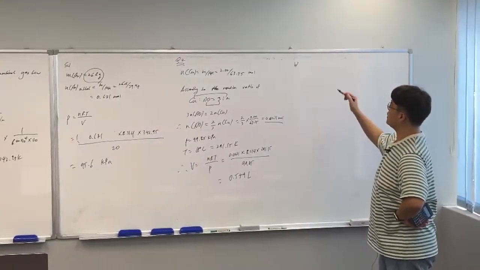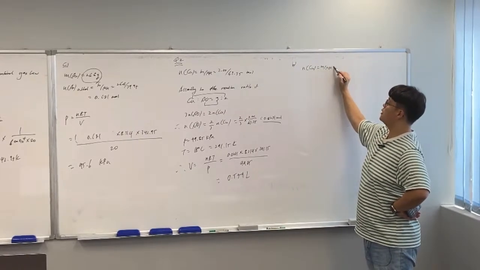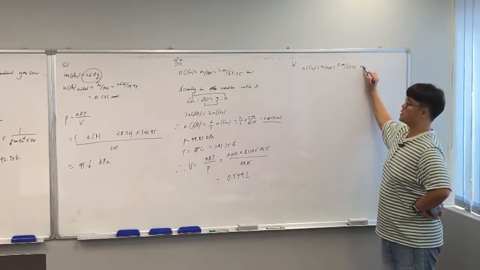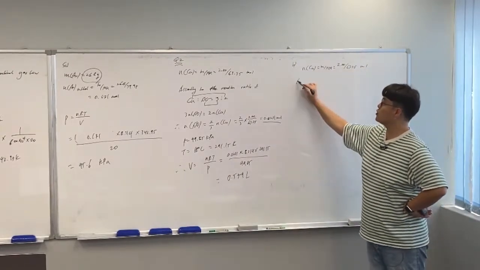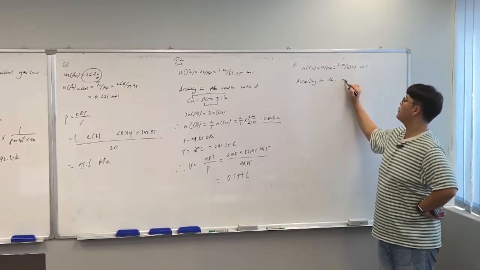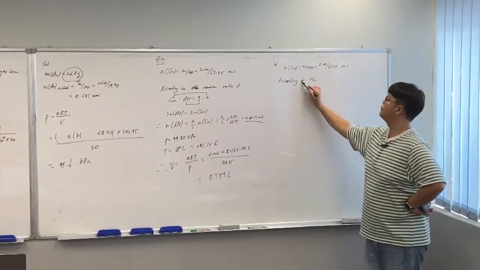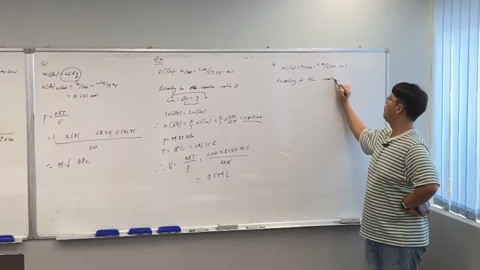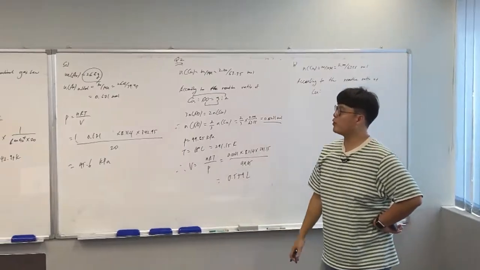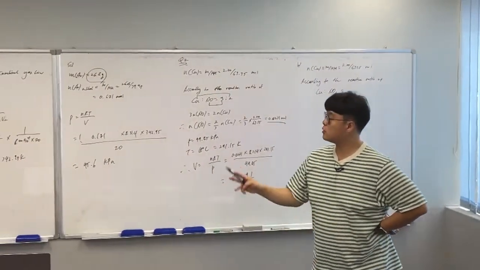So start again, we've got to start with the N of the copper, same as the previous one, mass over the molar mass. That'll be 2.20 divided by 63.55. Now we got a new reaction ratio, so let's write it down. According to the reaction, ratio of copper to what we're looking for, NO2, is given as 1 to 2.